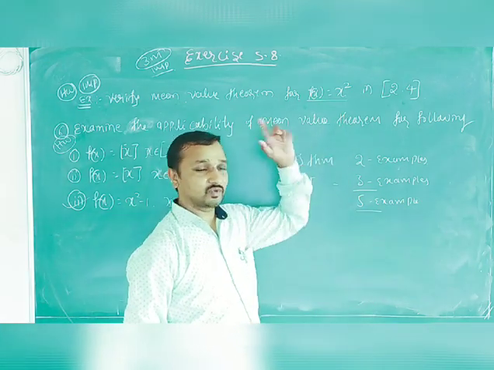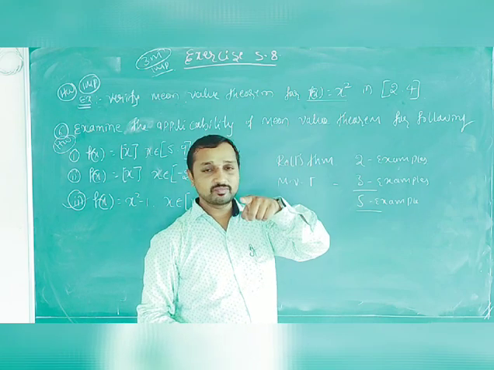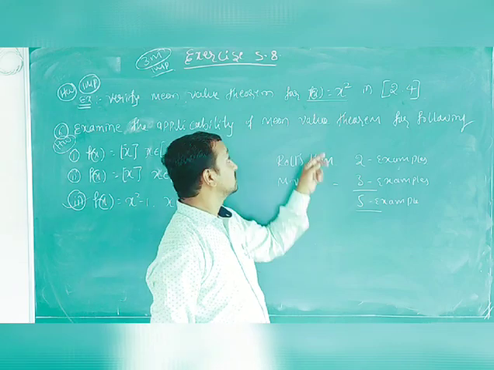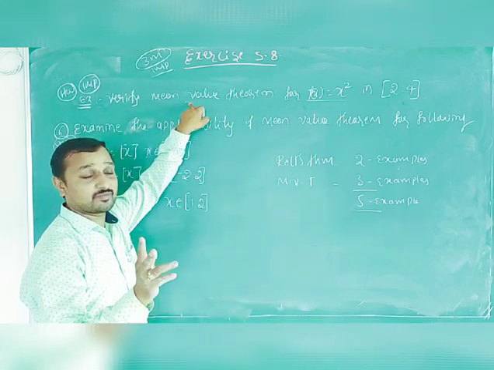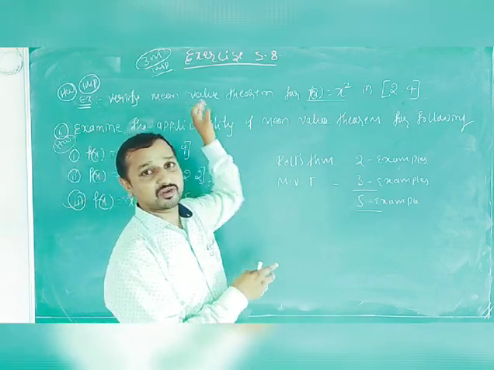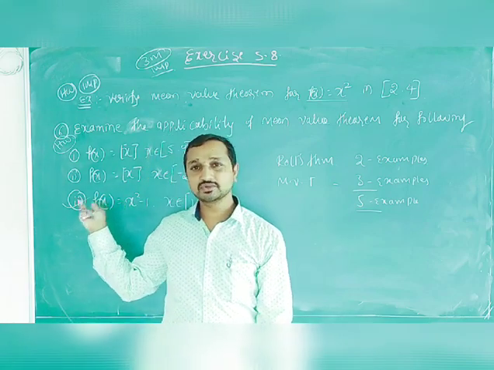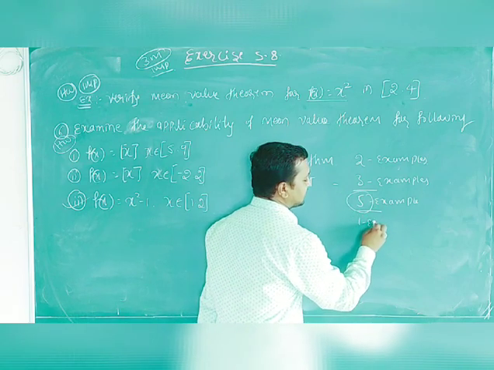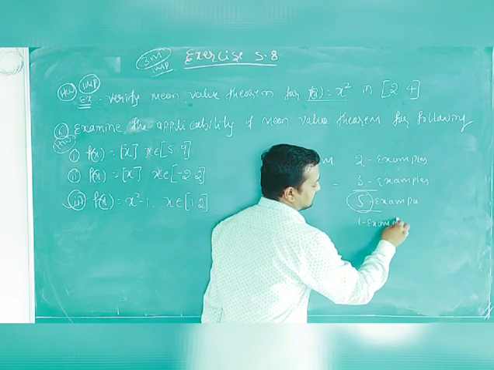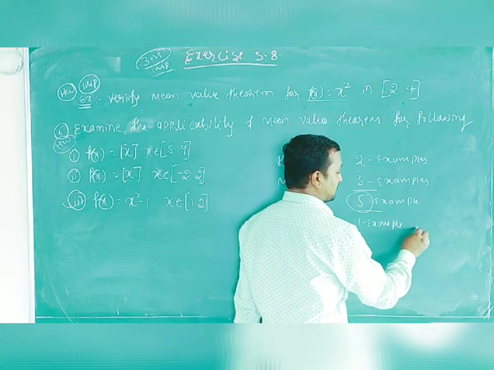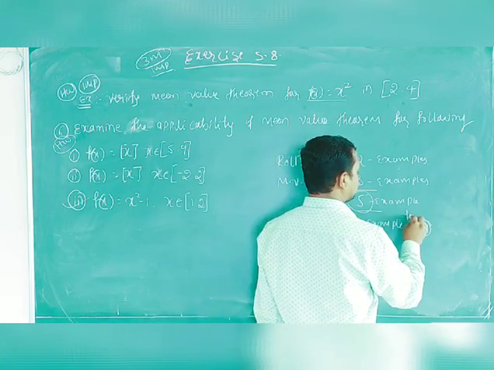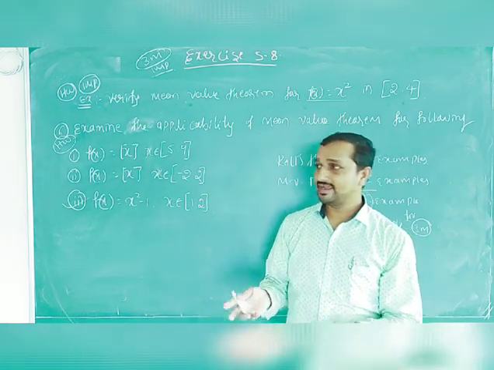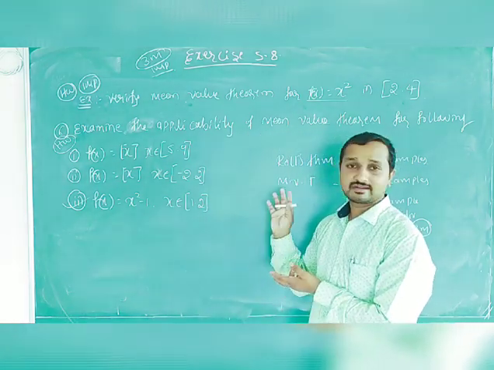So I can solve 2 examples, and the homework examples you people try are very important. These 5 examples are very important. Out of 5 such examples, 1 example, 3 marks, is a fixed question. So these are very easy. Parametric form is also very easy, and this is very easy. So you people try.